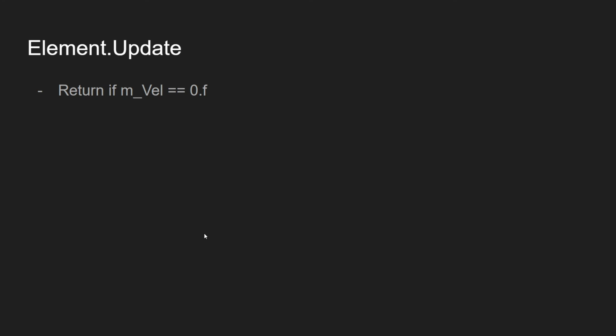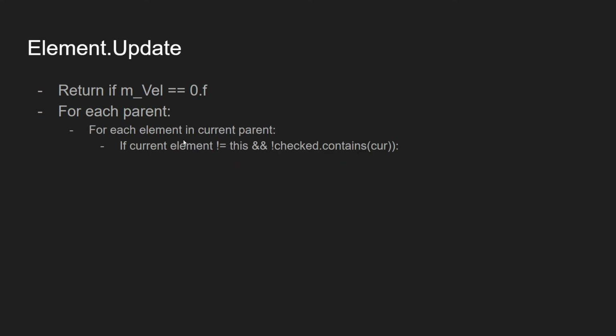Element.update, this is the one that actually checks for collisions. If we're not moving, then we have no potential to cause collisions, so we'll just return. But then for each parent in our list of parents, we will get all of the elements in our current parent. And if the current element in the current parent is not ourselves, and we haven't checked this element yet, which is important because each element can be in multiple nodes, so we don't want to check the same thing multiple times, so we'll store a list of what we've checked.